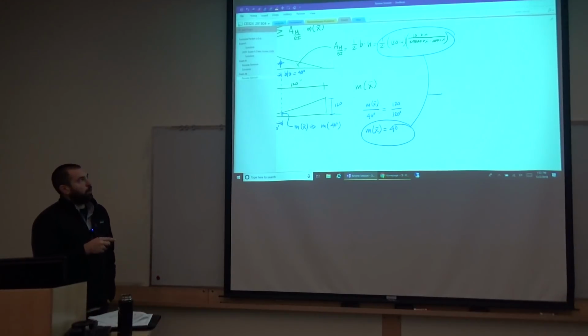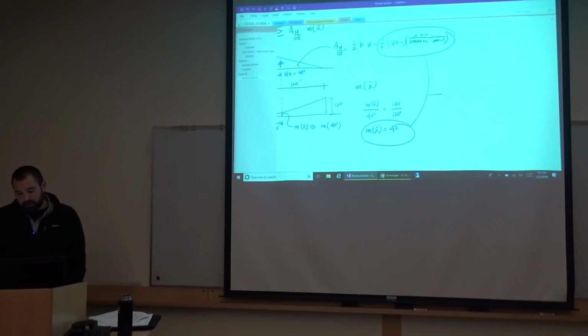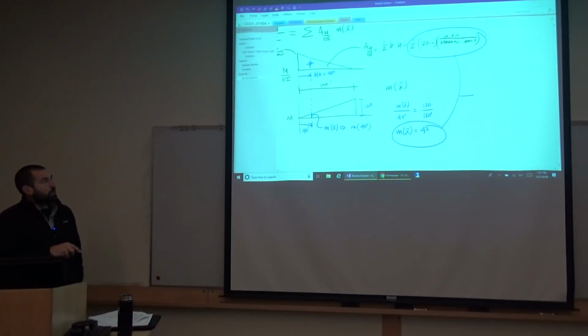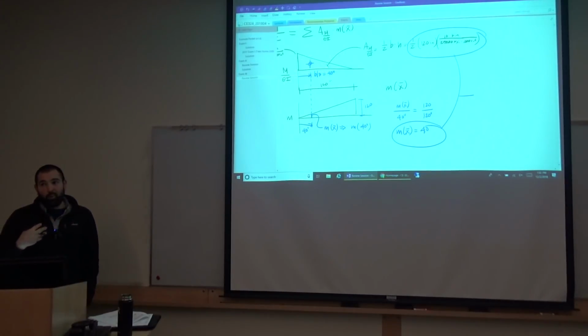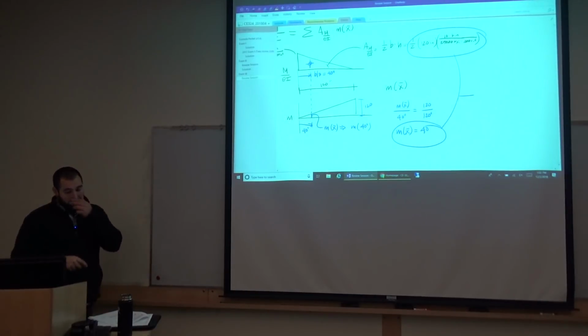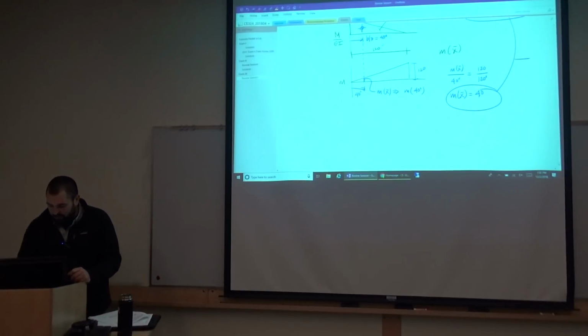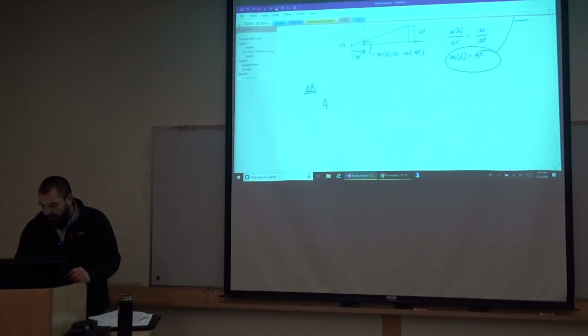Now, the way your book does it, I think, is a little bit goofy to a certain extent, because you don't need to divide by EI in this diagram right here if you don't want to. I mean, you can divide by EI pretty much anywhere. You could divide the virtual moment by EI if you wanted to, or the way that I prefer to do it, the way that I learned how to do it, it would be the area of the real moment diagram times the value of the virtual moment at x bar, all divided by EI.